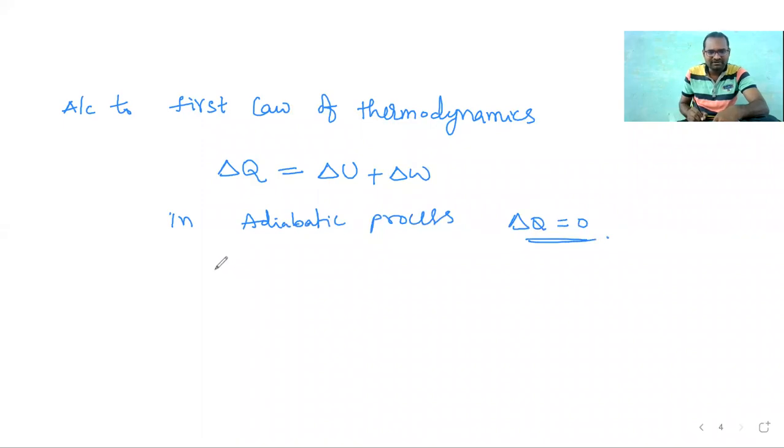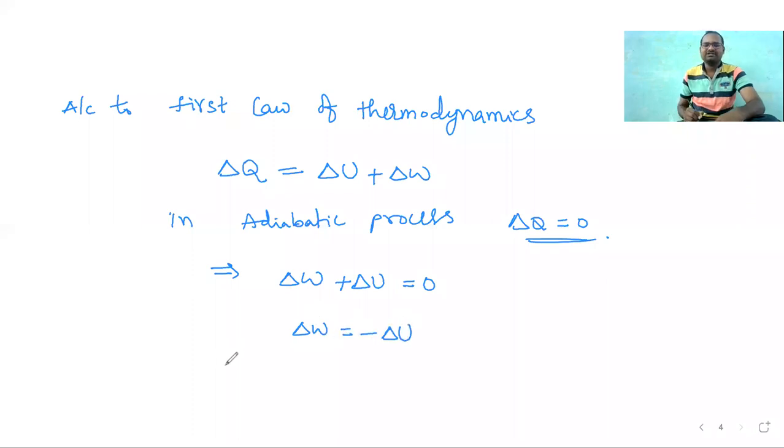That means work done plus change in internal energy becomes 0. So work done can be written as minus the change in internal energy of the gas. Remember this point: in an adiabatic process, the heat energy supplied to the system or from the system to the surroundings is always 0.